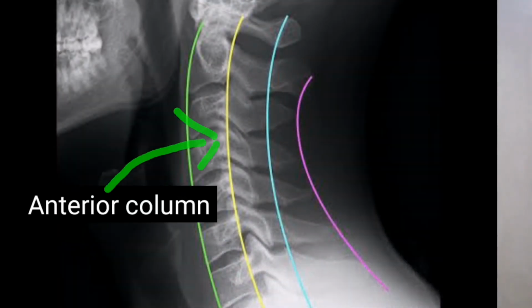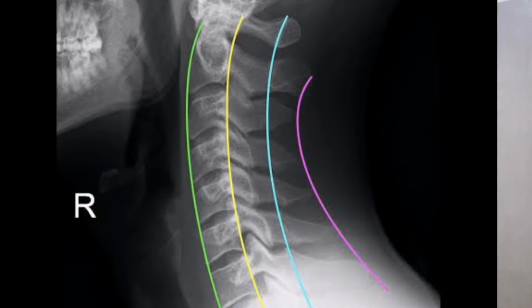In a normal scenario, the weight of the head is passed to the anterior column of the cervical vertebra, that is, it passes through the body and the disc. It is a normal phenomenon, and during this process there is no pain or any radiculopathy involved.